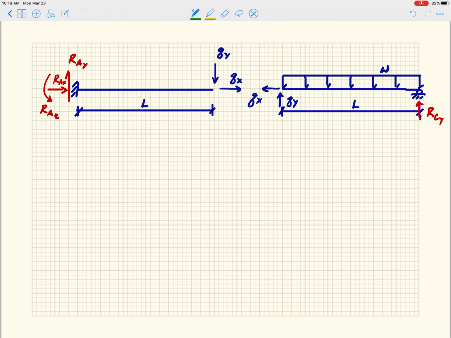This is the force down, which is QY, that's WL over 2. This is my QY force up on the left-hand member, right? And this is my reaction RCY.